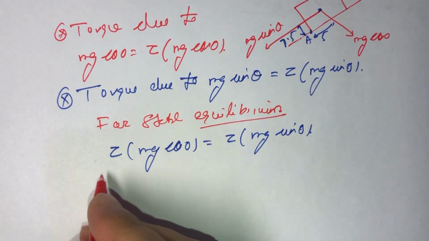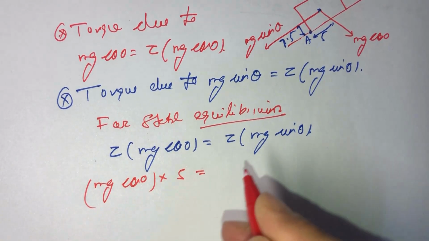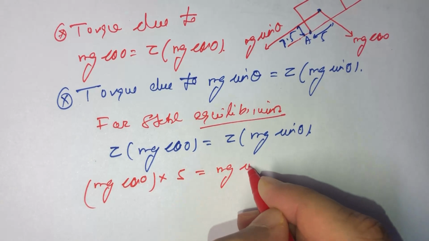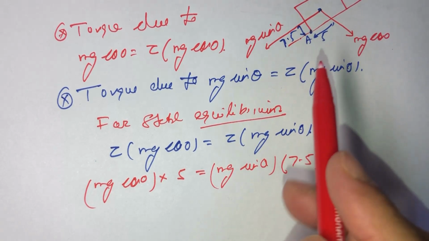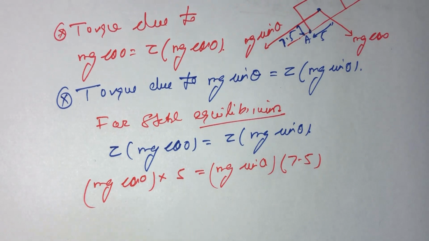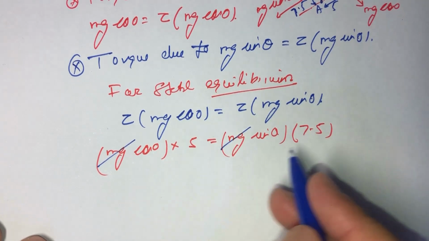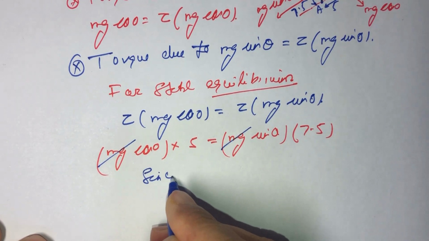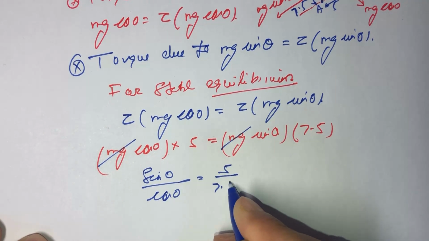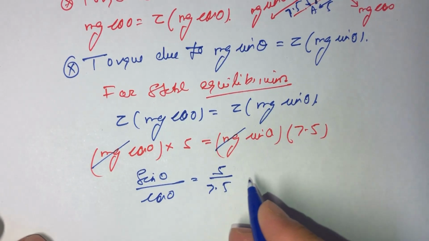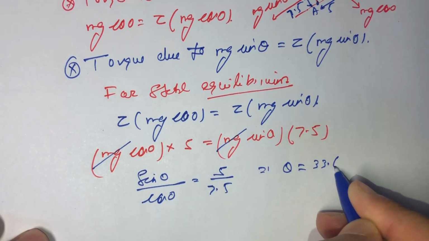So we have a force mg cos theta acting at a distance of 5, and force mg sin theta acting at a distance of 7.5 with respect to point A. Therefore this mg and mg cancel out, so sine of theta divided by cos of theta is equal to 5 upon 7.5, or theta will be approximately equal to 33.66.